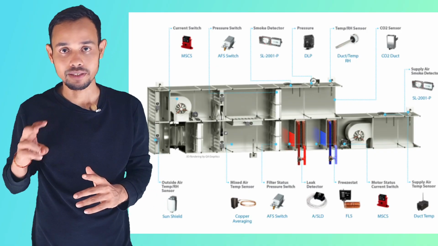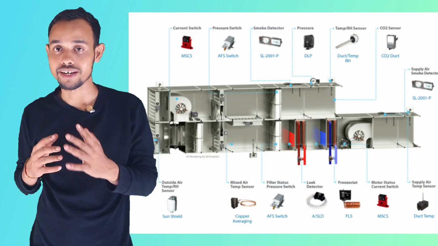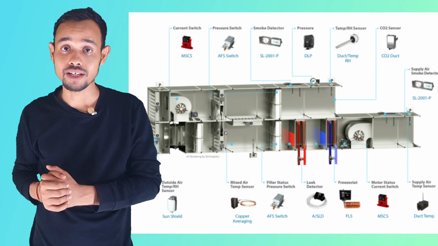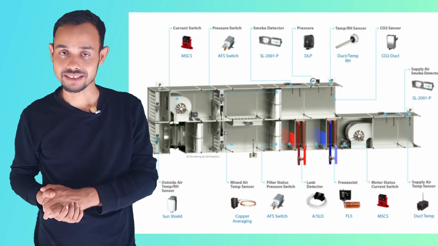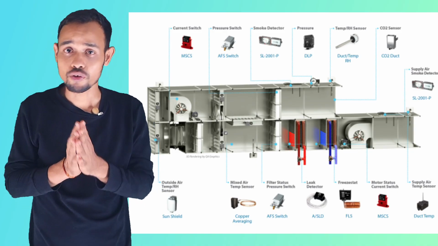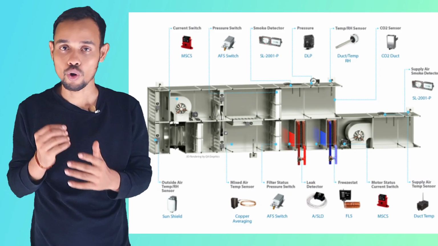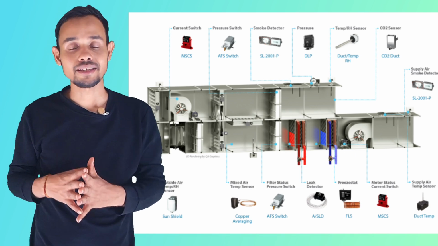Second is the differential pressure sensor. It is installed across the filter to detect clogging, and also across coils to monitor performance. Let's see an example of this sensor. If the pressure drop across the filter increases, it means the filter is clogged and needs to be changed or cleaned. Okay. Let's see the fourth sensor.